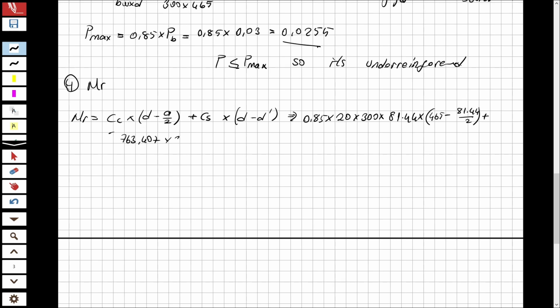Multiplied with 365.22 and multiplied with the moment arm. What is the moment arm? What was d? d was 465 minus also d prime. What was that? 35. So I'm gonna obtain the moment here.